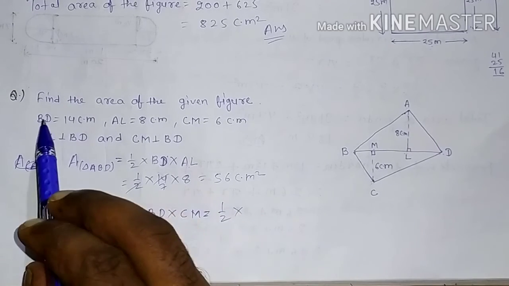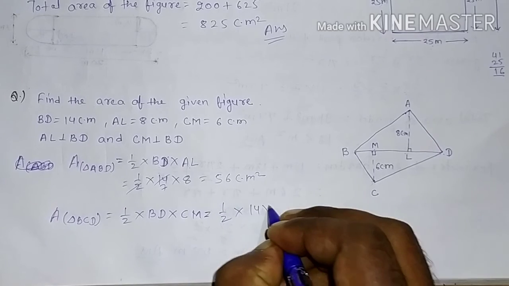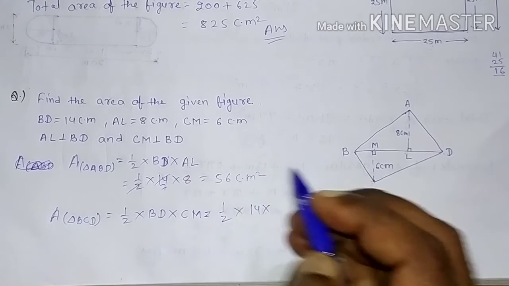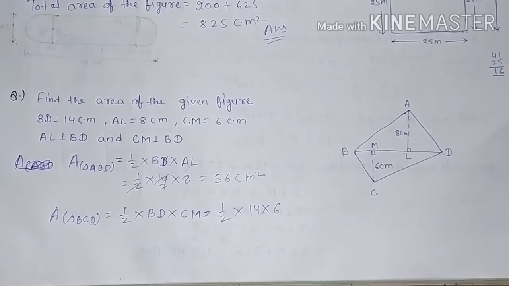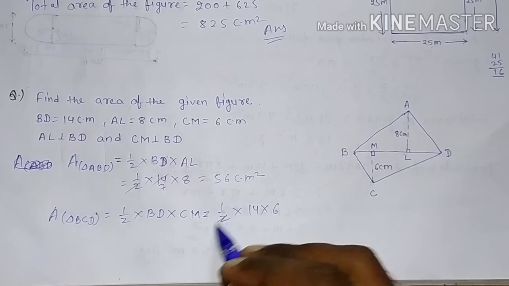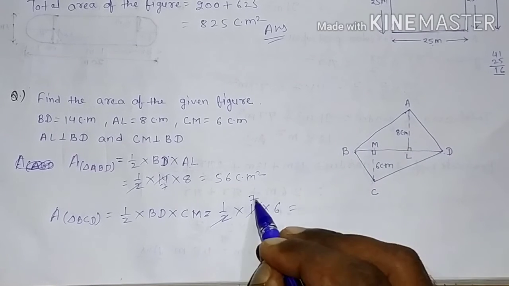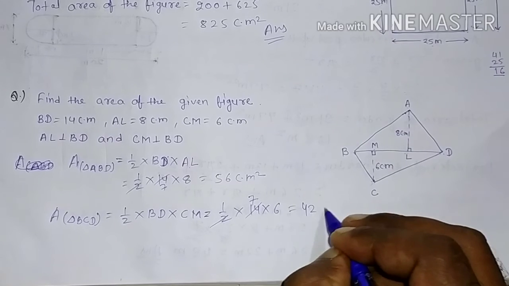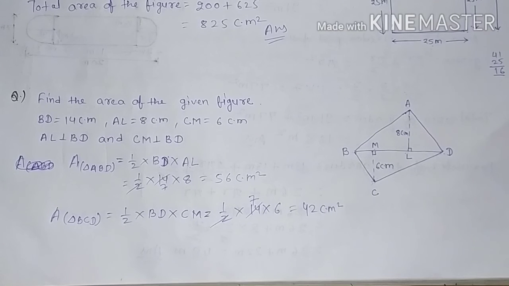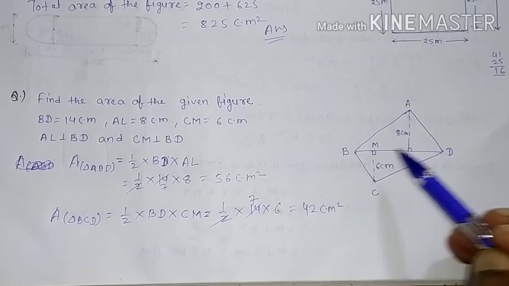So the value of BD is 14 and CM is given 6 centimeter. Now just simplify it. 2 7 is 14 and 7 into 6, that is 42 centimeter square. Now this is 42 centimeter square is the area of triangle BCD.